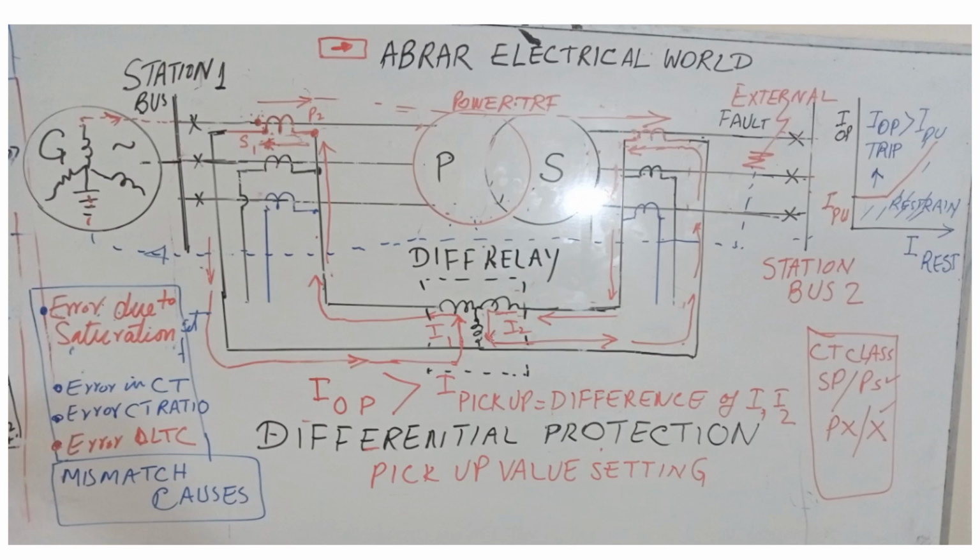The current in the differential relay being zero is a totally idealistic situation, but in normal conditions there will be some current through it due to three reasons: error in the CT ratio, the change in the tap position, and the selection of the CT ratio. Now, in this one, we will see how the CT ratio selection affects the change in current on the primary and secondary side and creates a mismatch and current through the operating coil of the differential protection.